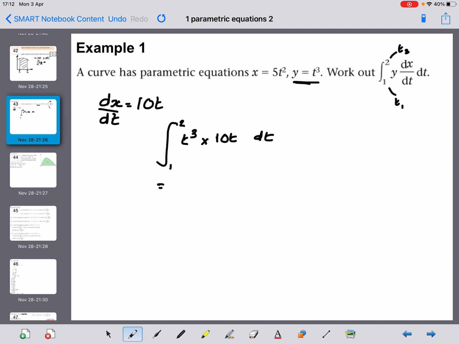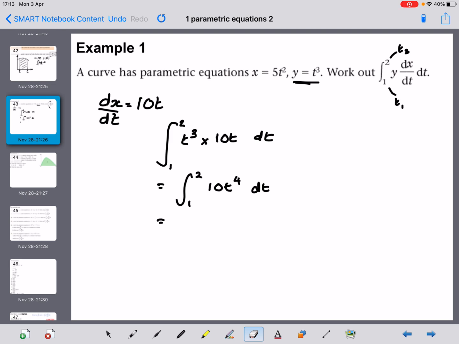Let me tidy that up first. t cubed times 10t is 10t to the power 4 dt. So when I've multiplied my y parametric by the derivative of the x parametric, the result is a different function of t, which I just need to integrate.